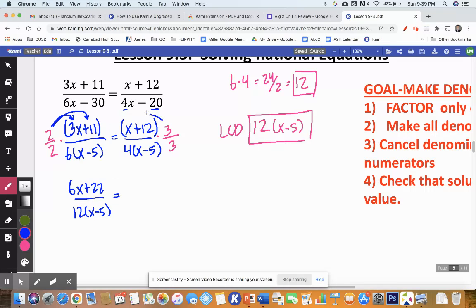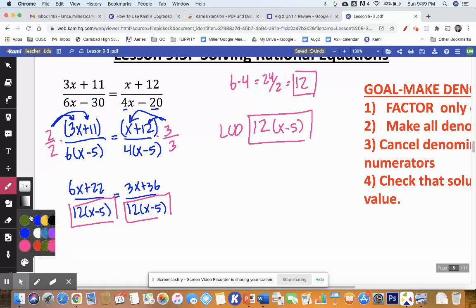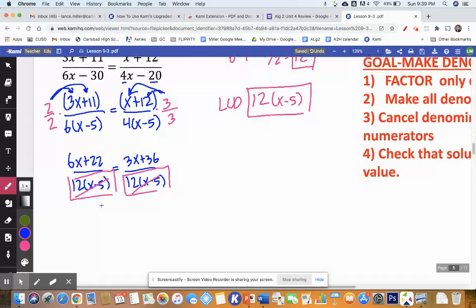On the right-hand side, again, distribute that 3, 3x plus 36, over that same denominator. Now, again, if the denominators are the same, right? They are. That means the numerators also have to be the same. So we're just basically going to cancel out those denominators, and we're going to create a little equation with just the numerators.